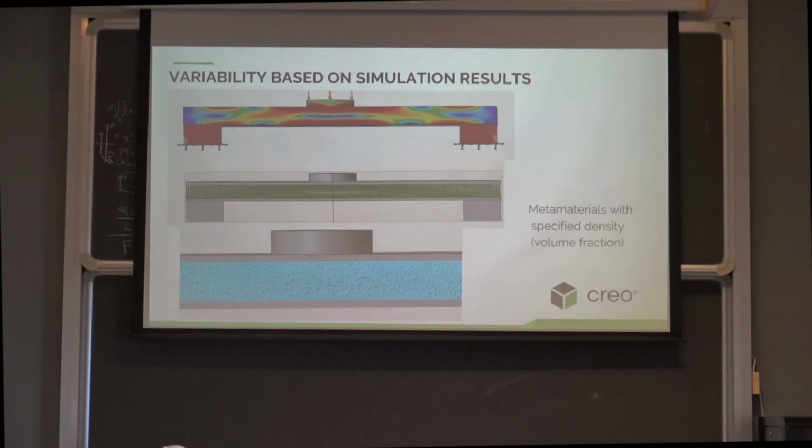You can work directly with Creo or ANSYS simulation data, or the most universal way, just specify the desirable density, the desirable volume fraction, in a file. Just put XYZ and volume fraction in a file, and Creo will create a lattice structure with exactly this volume density, smoothing the data between specified points.